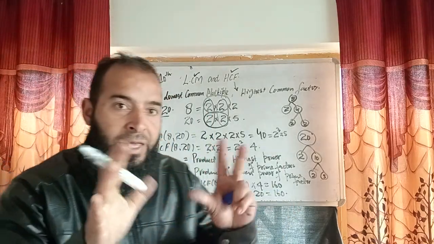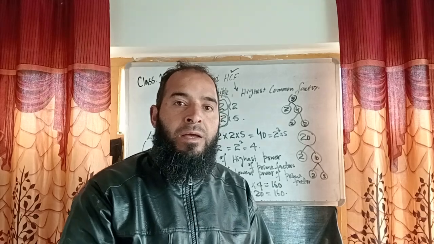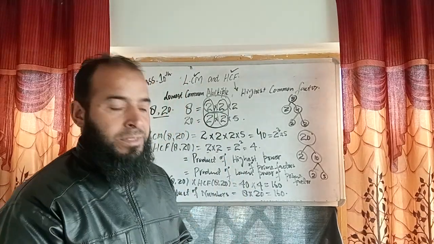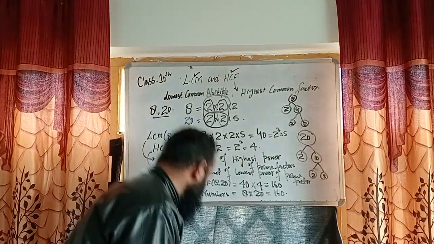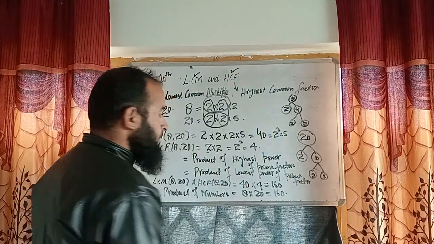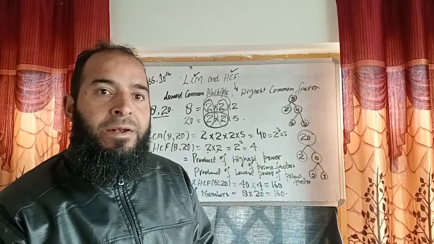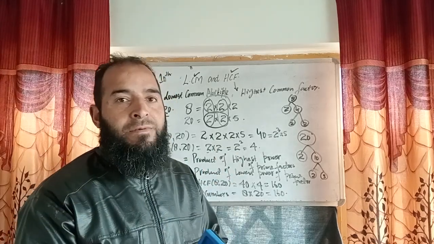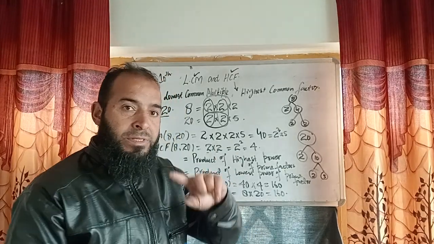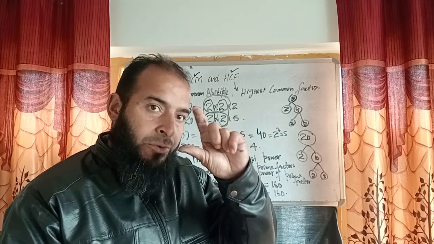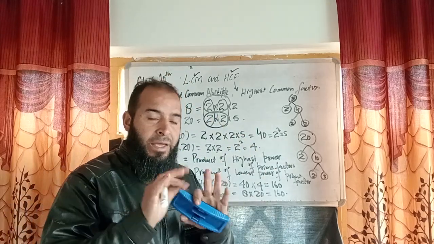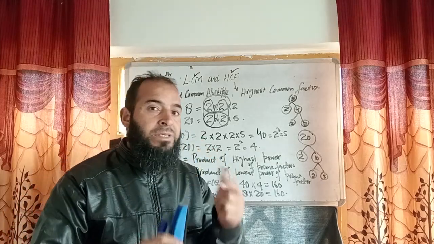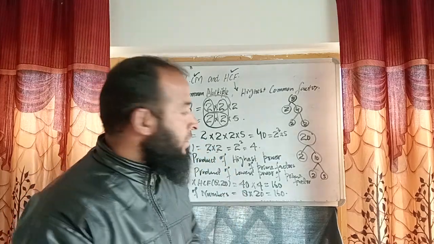So we can write in general that if we have two numbers, say A and B, then LCM of A and B into HCF of A and B is equal to the product of the numbers, that means A cross B.